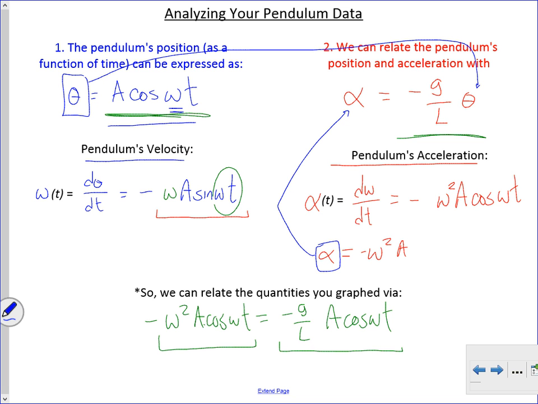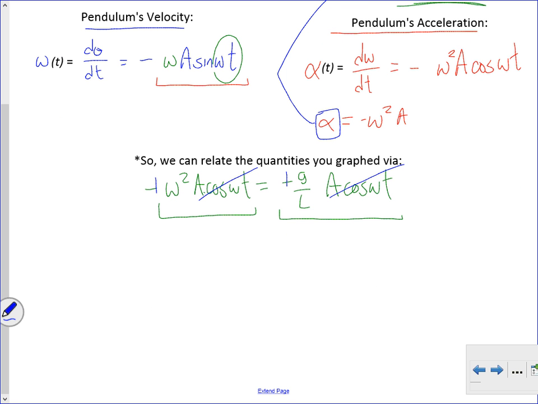So much so that these whole things can go away. And these two negatives become a positive. And what we get is that this is the angular frequency. So that means that the angular frequency is the square root of g over L.